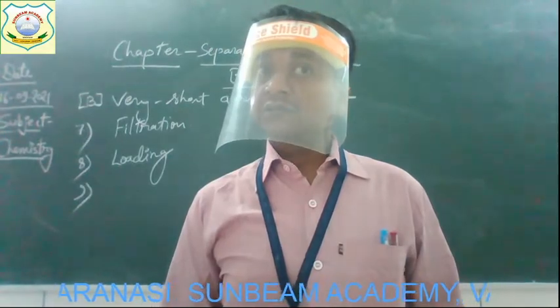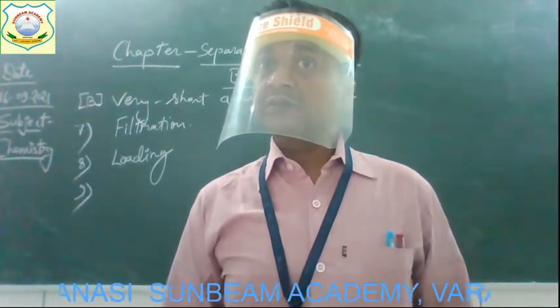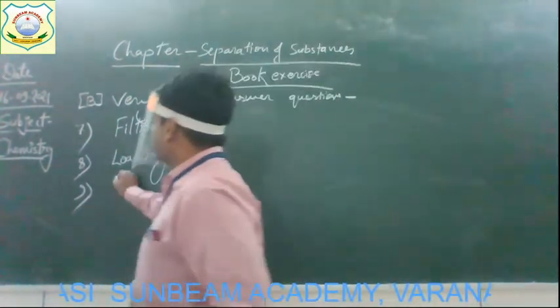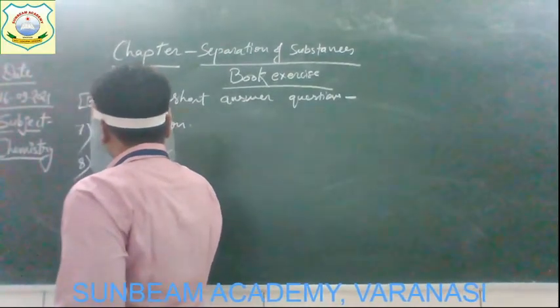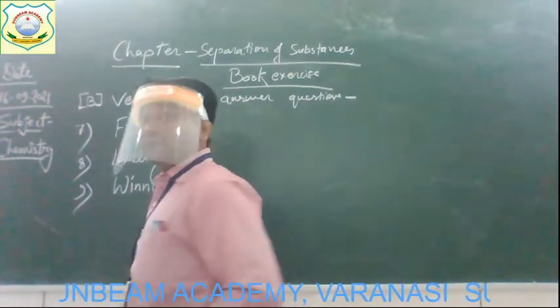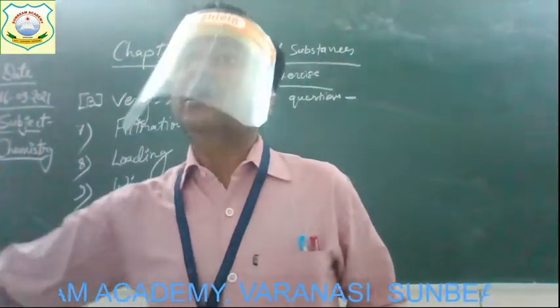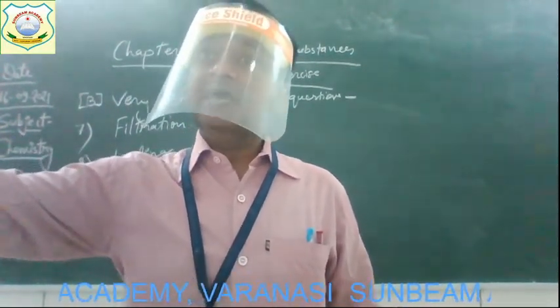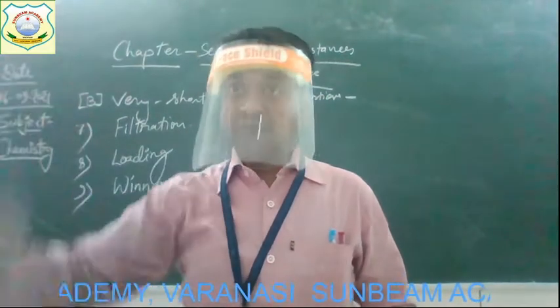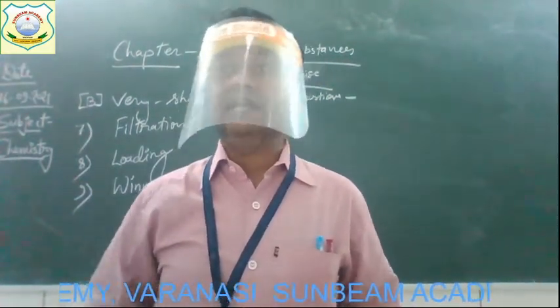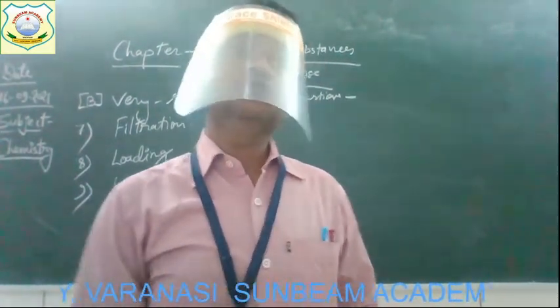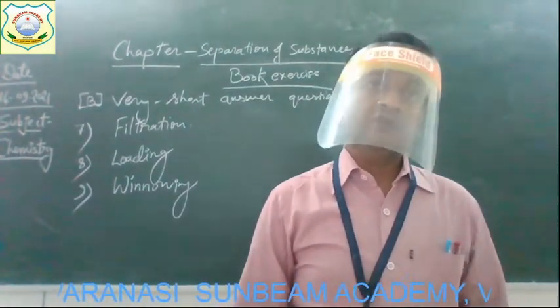It is winnowing. The lighter chaff particles move away with the wind, and the heavier grain particles fall on the same place and get collected. So this method is used to separate wheat grains from chaff.